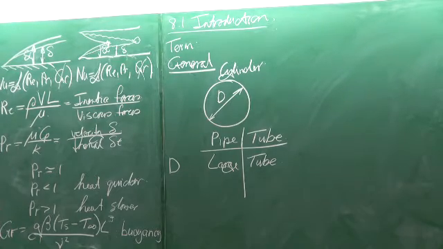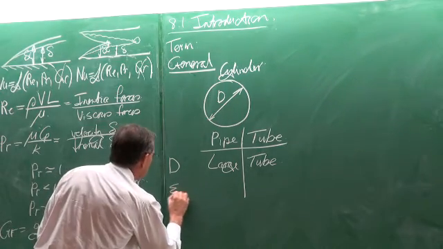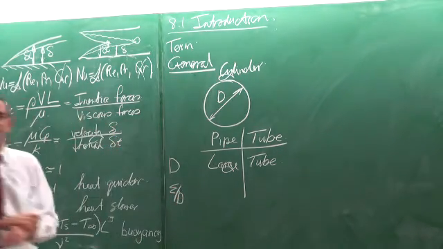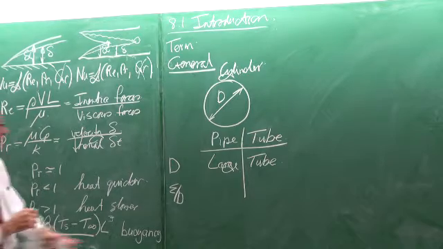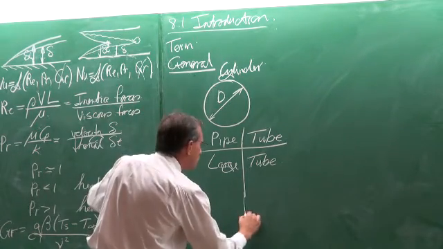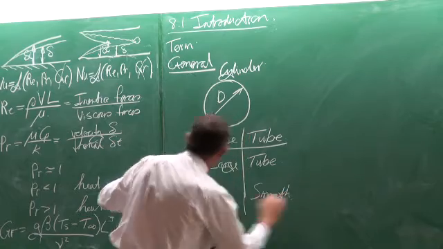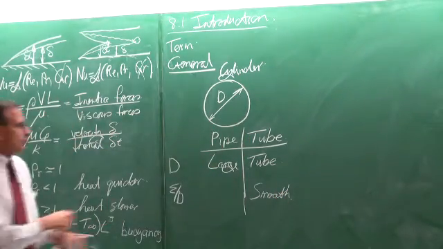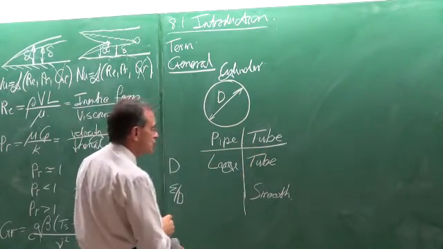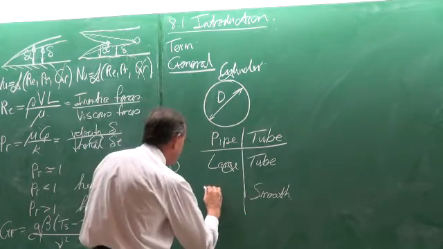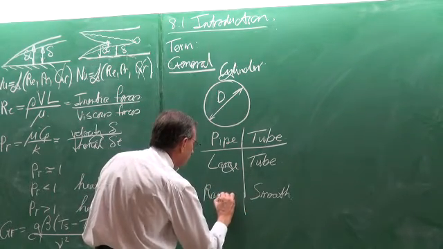In other literature, they look at the relative roughness. If it is a very smooth tube, if the relative roughness is very small, then we say it is a smooth tube. And if it is rough, we say it is a pipe.